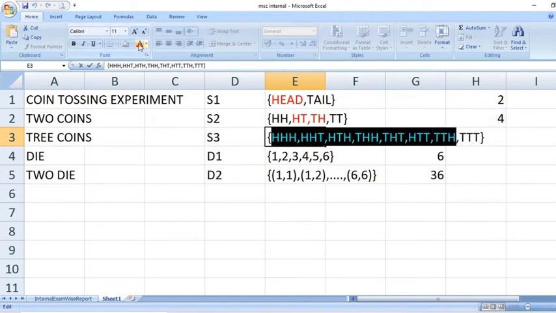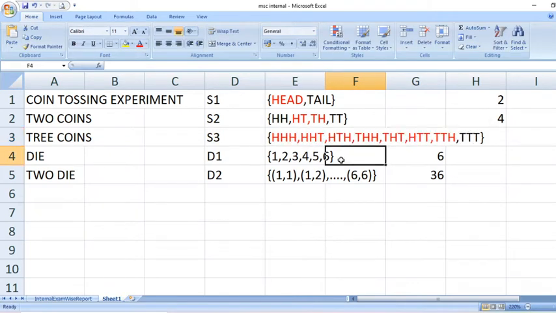Another event is: at least one head occurs. There should be at least one head. So that is an event. Clearly it is a subset of that sample space.